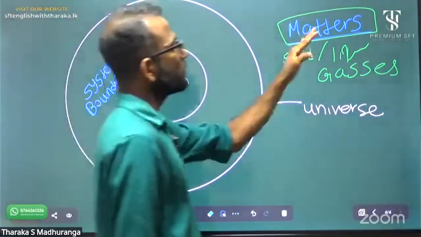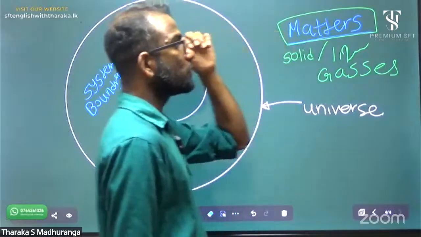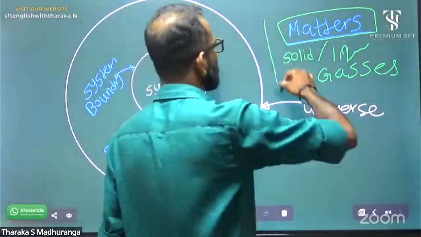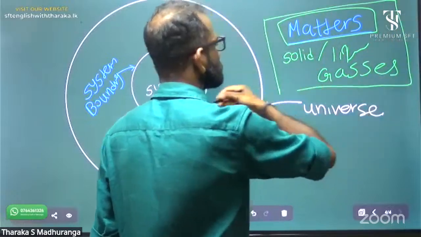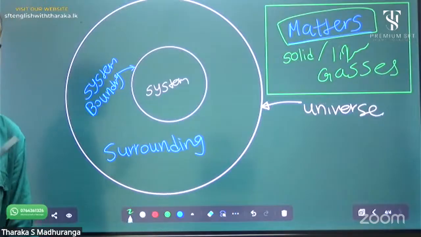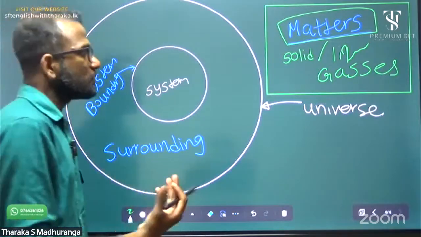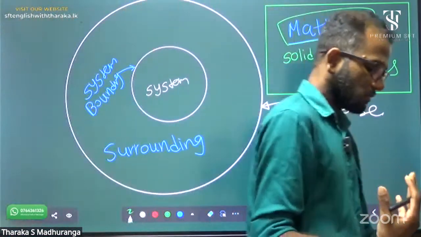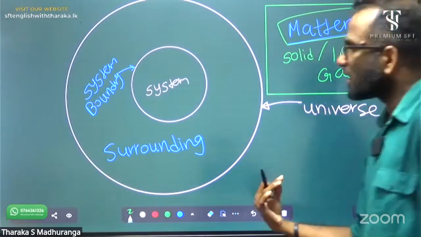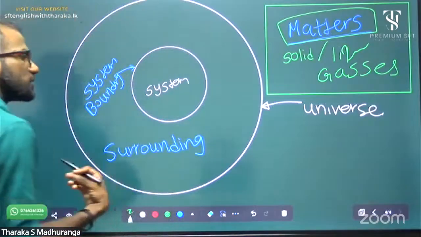Solid, liquid and gases are matter. Matter is a substance with mass that occupies some space in the surrounding. Solids, liquids and gases are the main matter types.